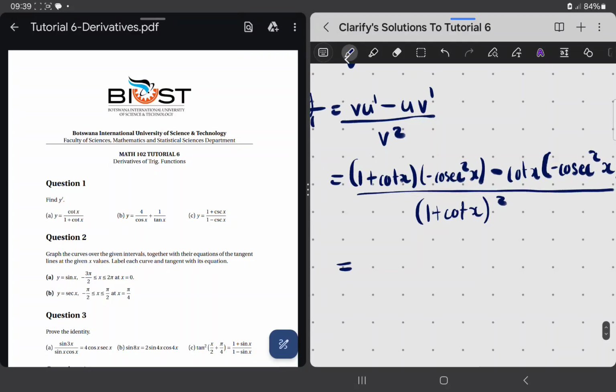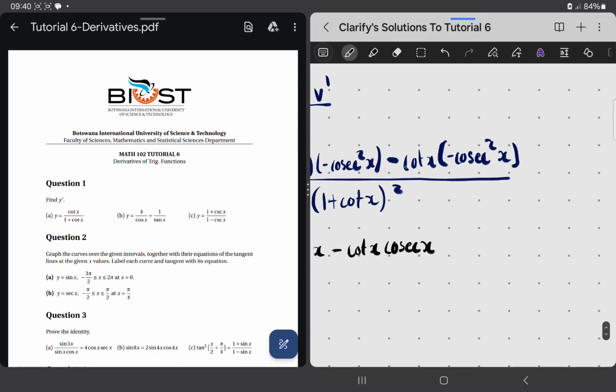And this is going to be equal to, now we just have to expand. Negative cosec times 1 is negative cosec squared x. Then negative cosec multiplying positive cot. These are different signs, so your answer will be negative, and it will be now cot x cosec x. Okay, cot x cosec x.